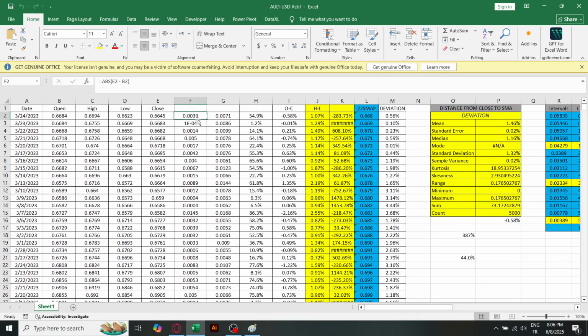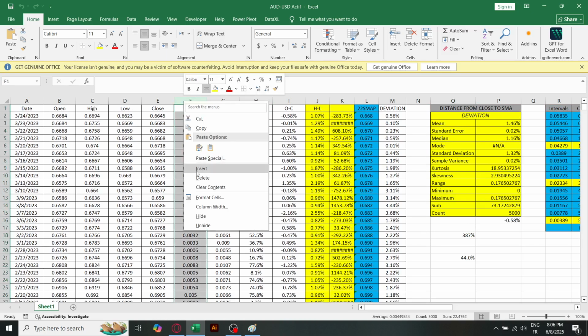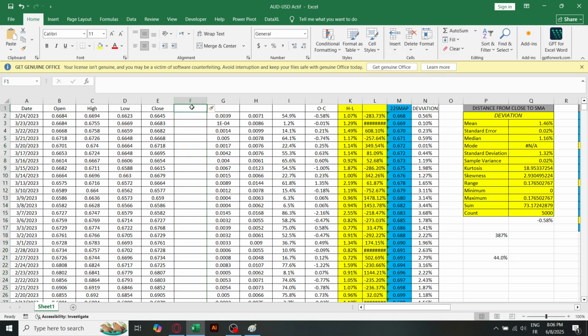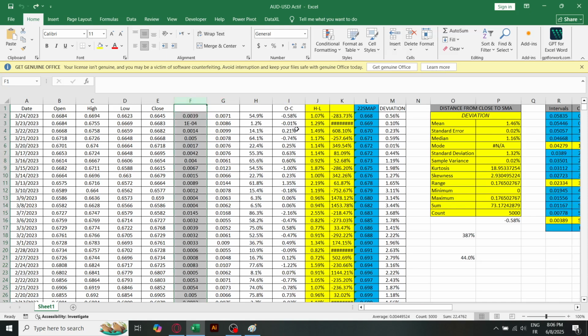So what I'm going to do right now is insert another one here. This is the return, which is the close minus the open divided by the absolute value of the open.